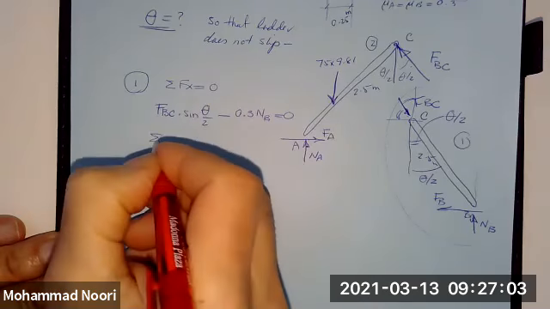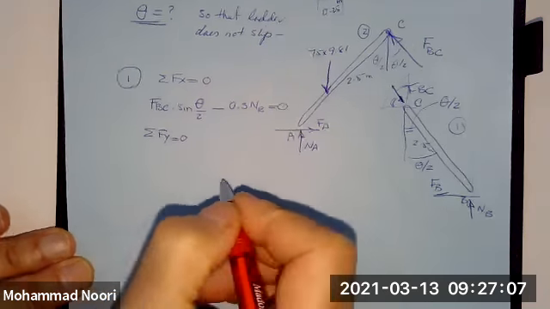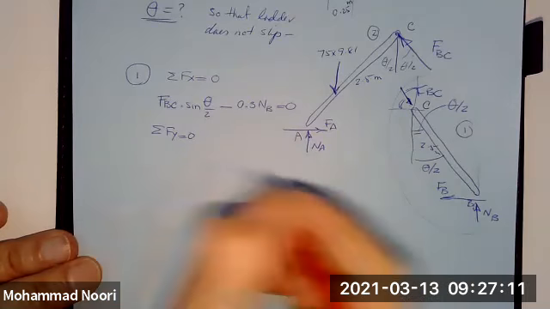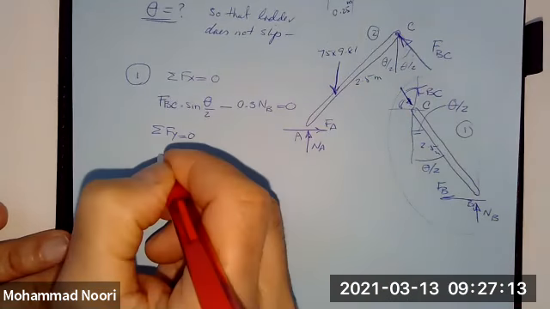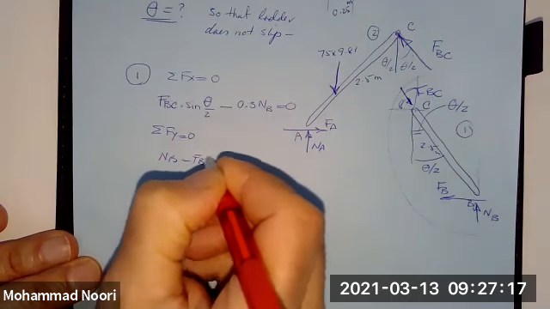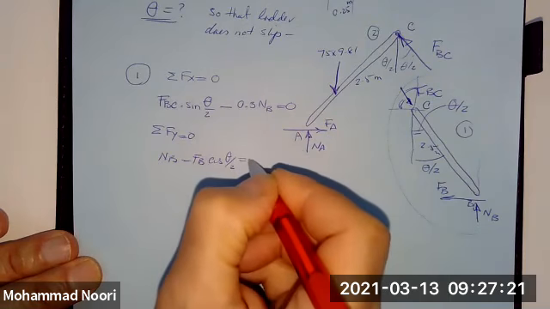Summation of forces along y equal to 0 will give me N B minus F of B cosine of theta over 2 is equal to 0.